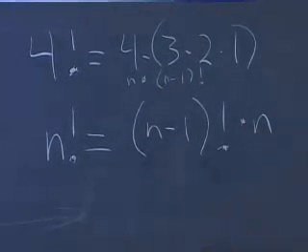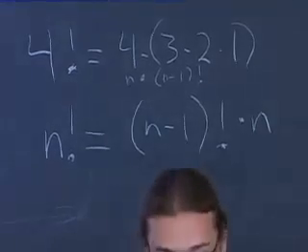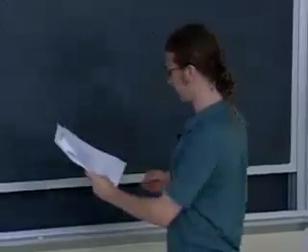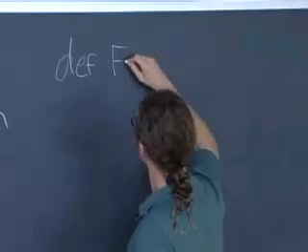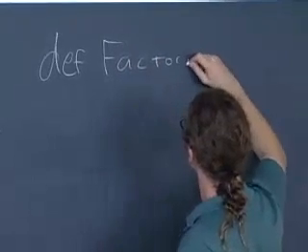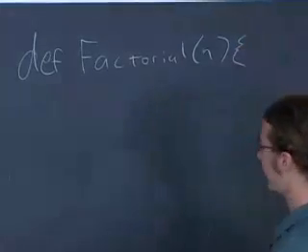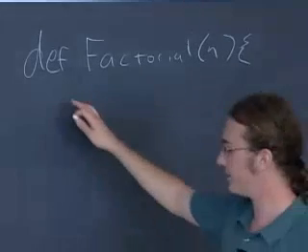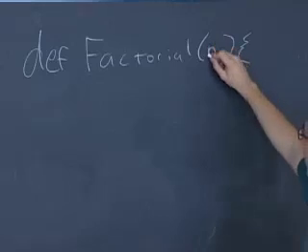And if you look in the handout, I wrote a little computer program on page 3, I think, that does the factorial. Just for those of you who don't know much about programming, def means define. So we're defining a function called factorial, and it takes as an argument n.